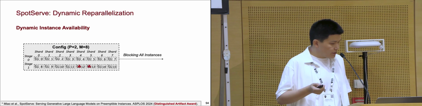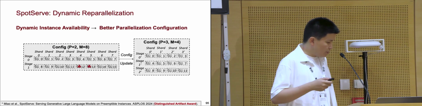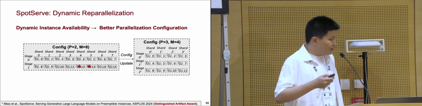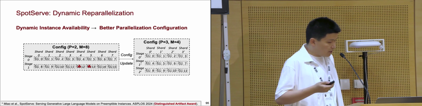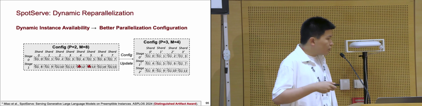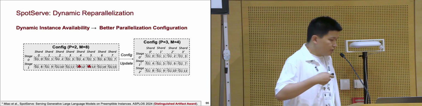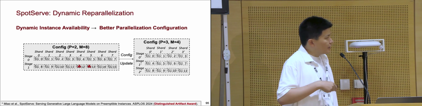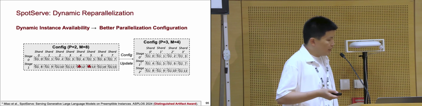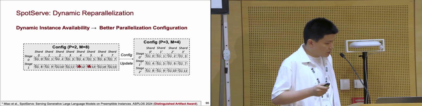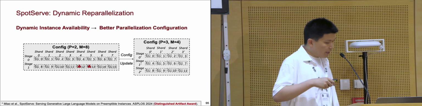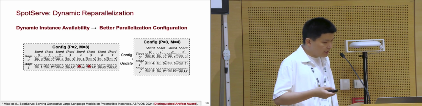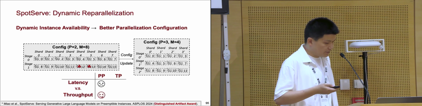The opportunity here is utilizing the grace period provided by the cloud service. Modern clouds will usually notify the users about a preemption, for example, 30 seconds before. And we can utilize this grace period to handle these preemptions efficiently and reduce our tail latency.